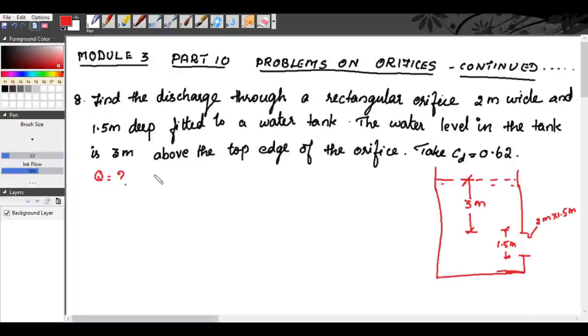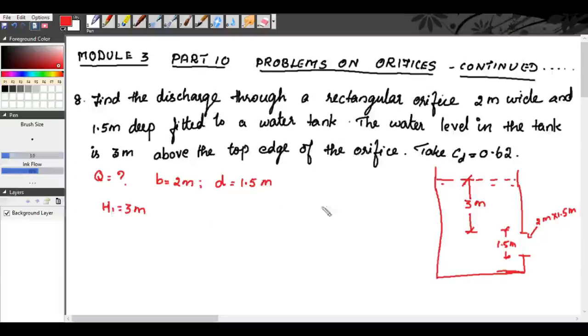See, the breadth of the orifice is given as 2 meter and the depth of the orifice is given as 1.5 meter. The height above the top of the orifice is given as 3 meter, so we take H1 equal to 3 meter.